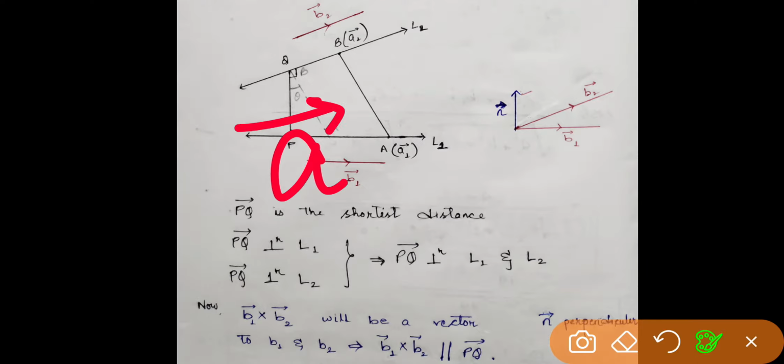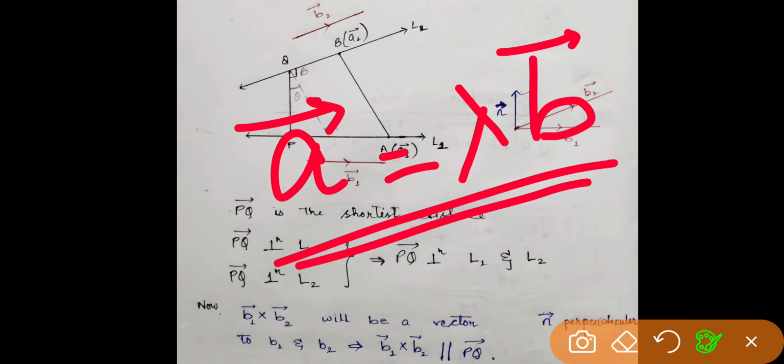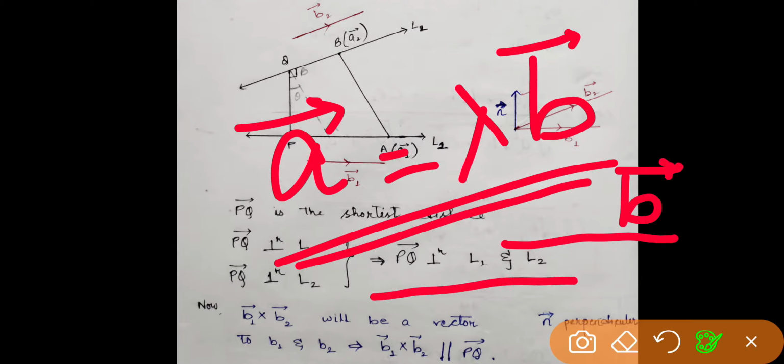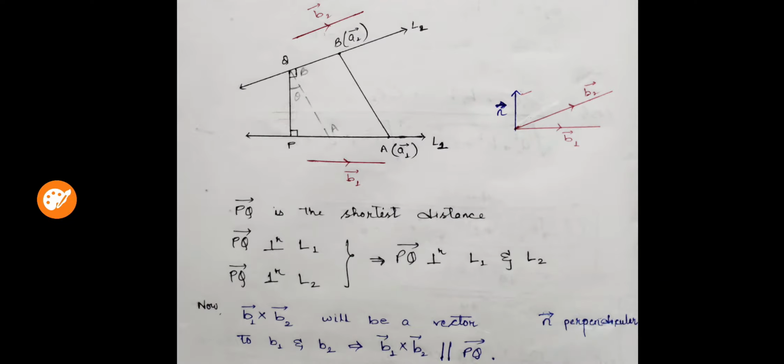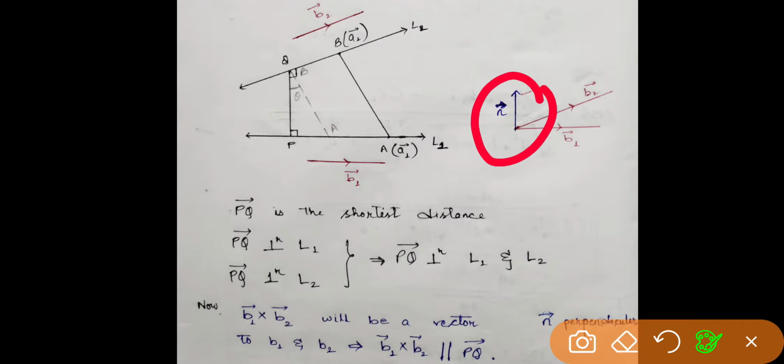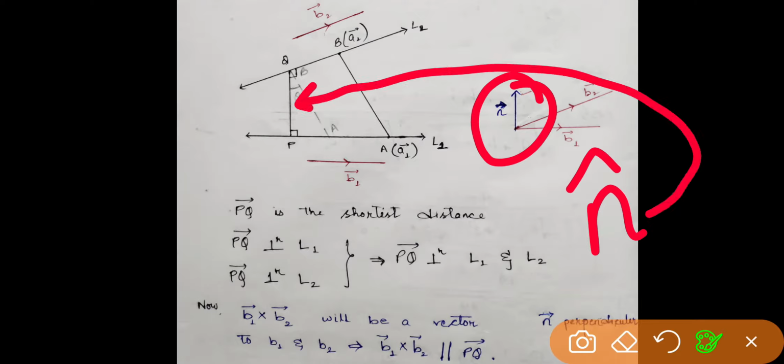Vector A is equal to lambda times vector B. For parallel we proved this. This is our smaller vector B, and I multiply it with lambda to get a bigger vector A. So this is the concept here. I will find the n vector, then I will find n cap, and using this n cap I will find my PQ.